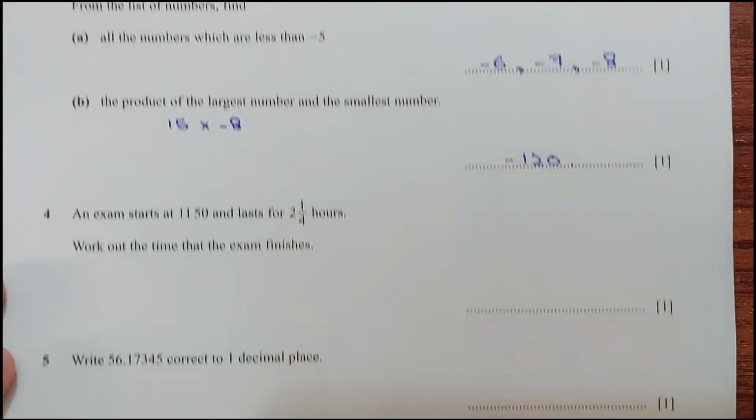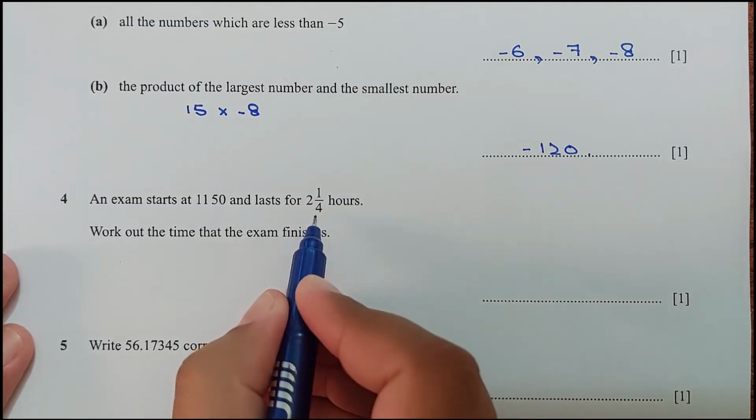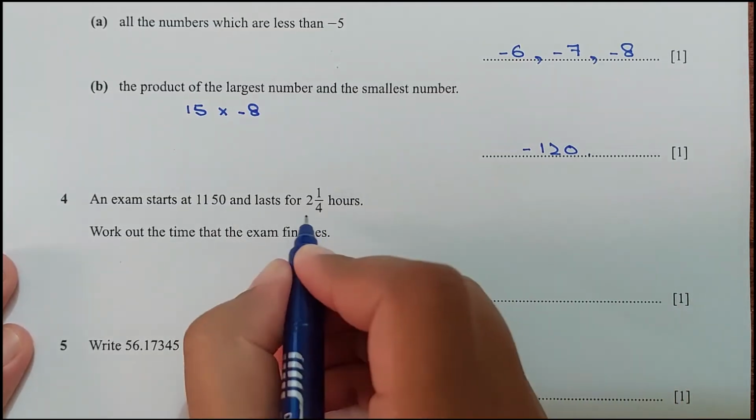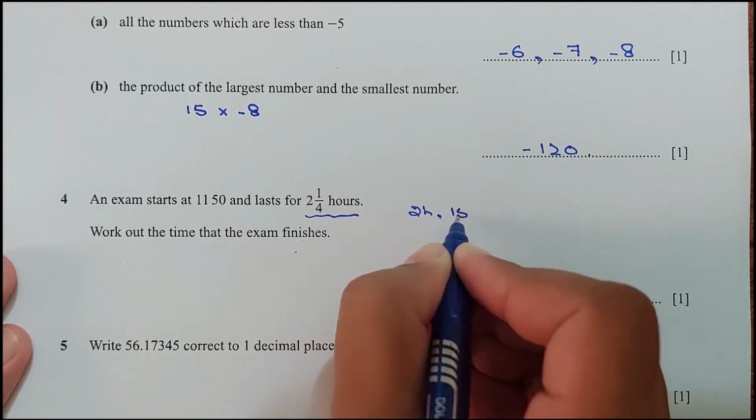All right. Now question number 4, an exam starts at 11:50 and lasts for 2 1/4 hours. Work out the time that the exam finishes. So this 1/4 means 15 minutes, right? So this is 2 hours and 15 minutes.